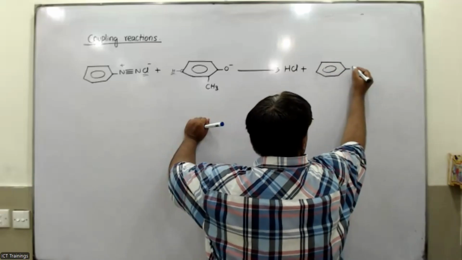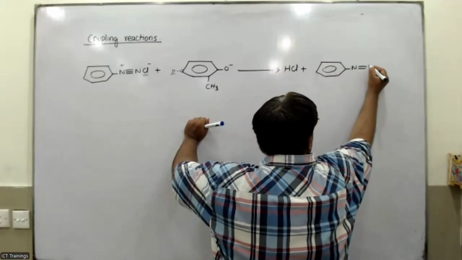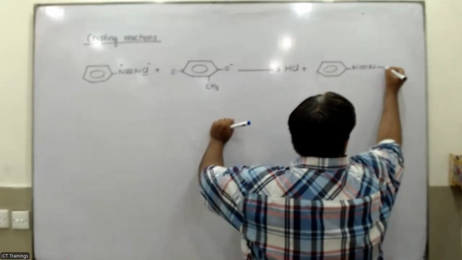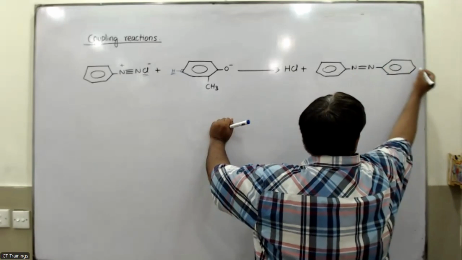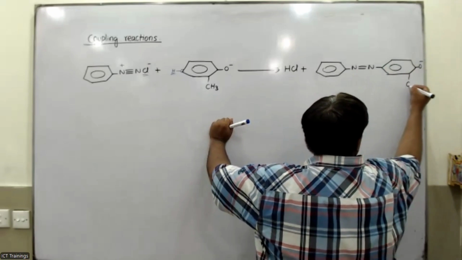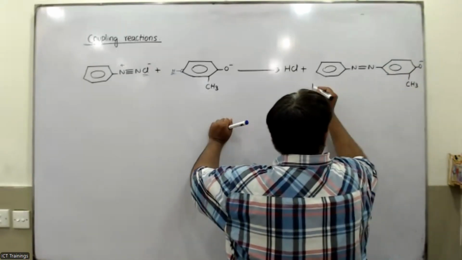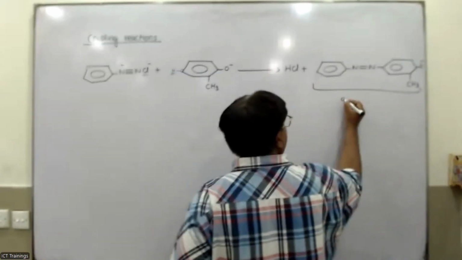This is benzene, this is N double bond N, and this is another benzene, O minus, and this is CH3. So this structure is called aniline yellow.